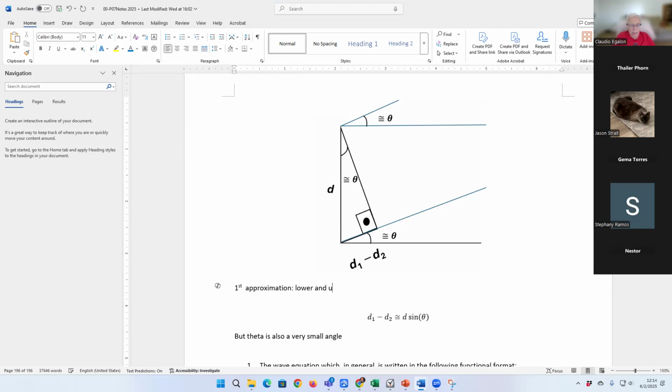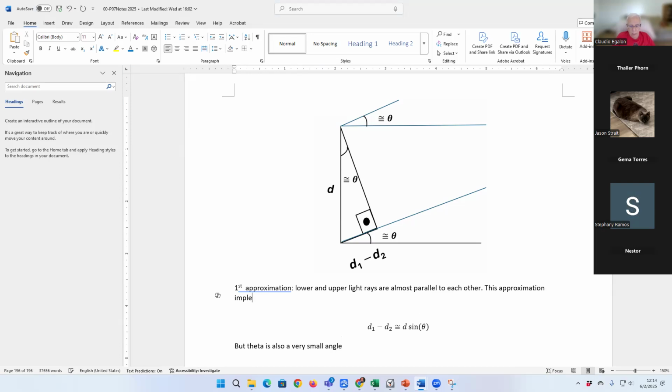Lower and upper light rays are almost parallel to each other.